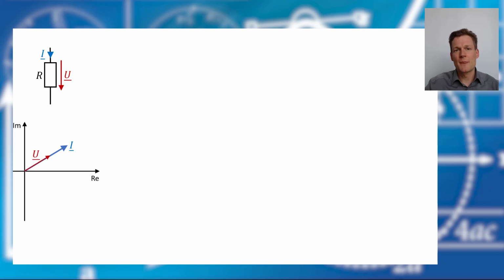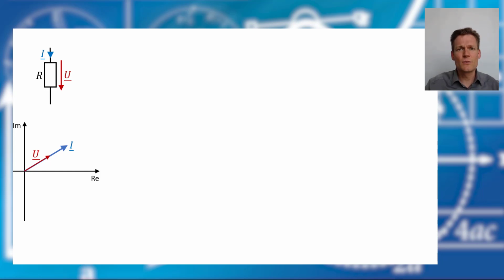And now we used to calculate the power as a product of the voltage and the current. And both of them are here complex numbers, and if we multiply them, we multiply the absolute values and we add the phase angles.